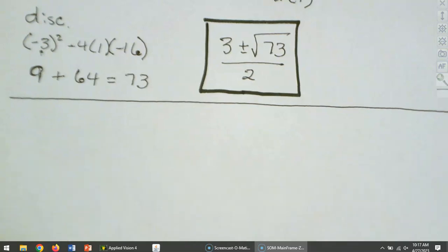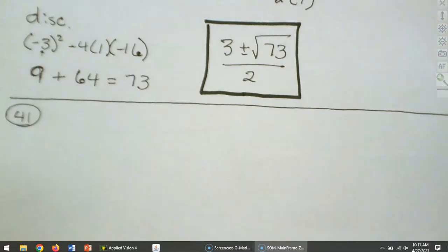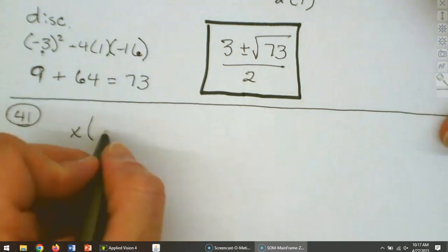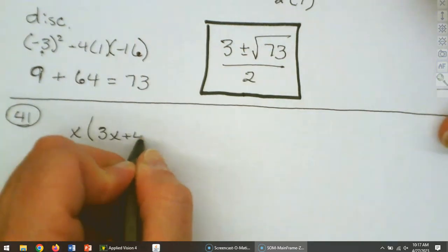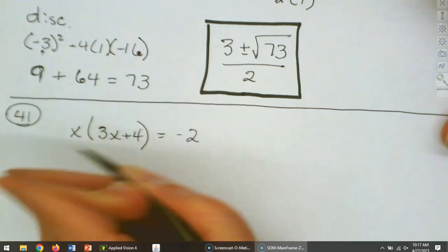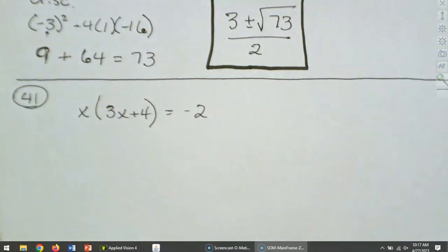Now we're going to look at one that's going to give us an imaginary solution, complex number. Question 41. x times 3x plus 4 equals a negative 2. Nothing new. What are we going to do with that x that's in front?